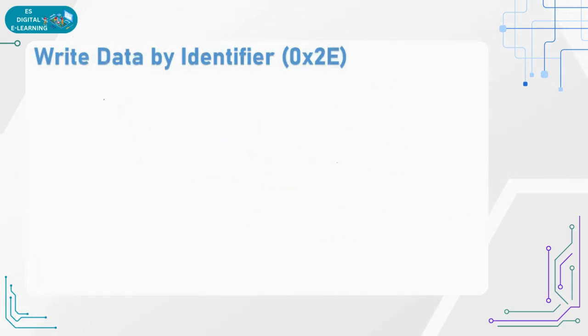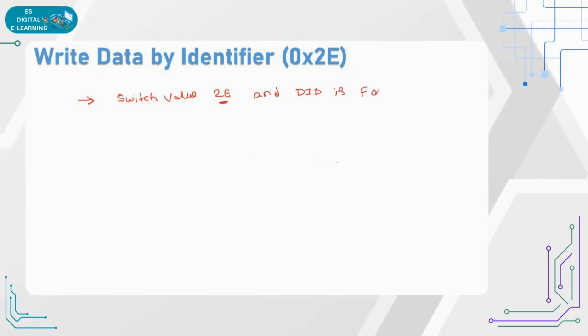Let's take another example, I will give you one hint. There is a switch. The write service value is 2E, and the switch DID is, consider, F001. This is the DID.